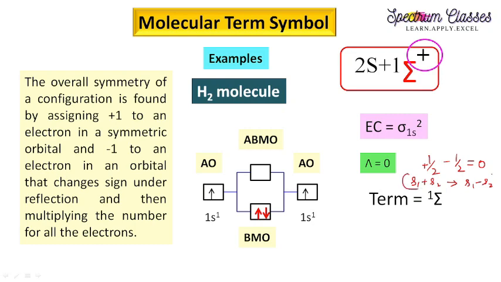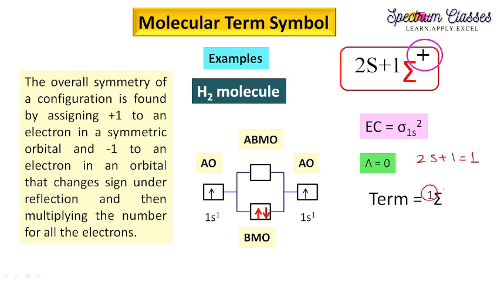This whole thing we discussed in the atomic term symbols. So here we have only the 0 value, right? If this is 0, then we can calculate the multiplicity. Multiplicity is 2S plus 1. So S is 0, so 1 is the multiplicity.